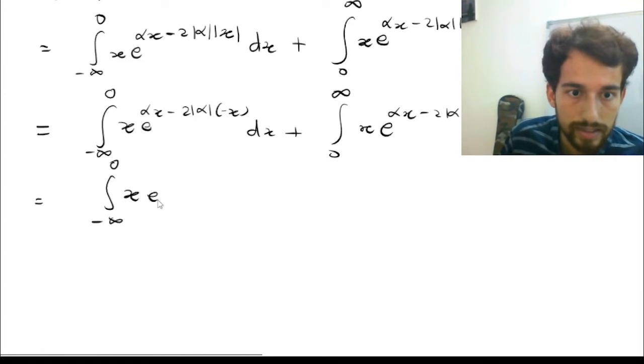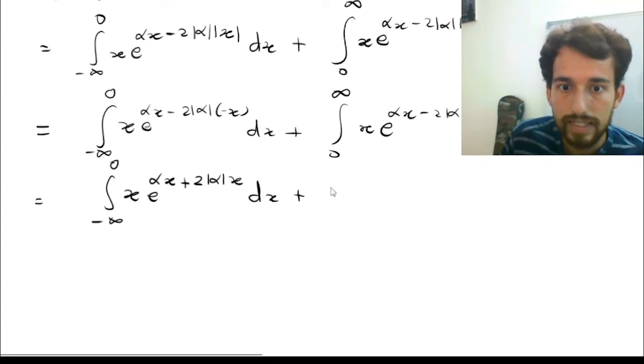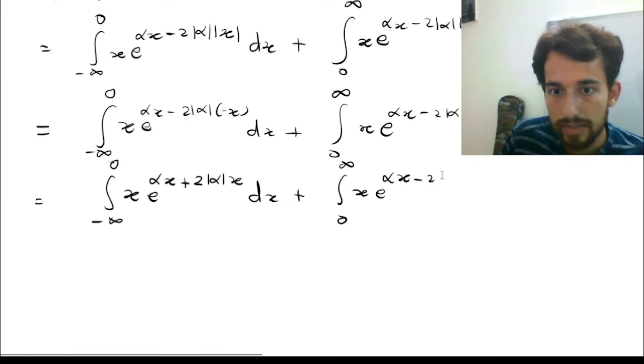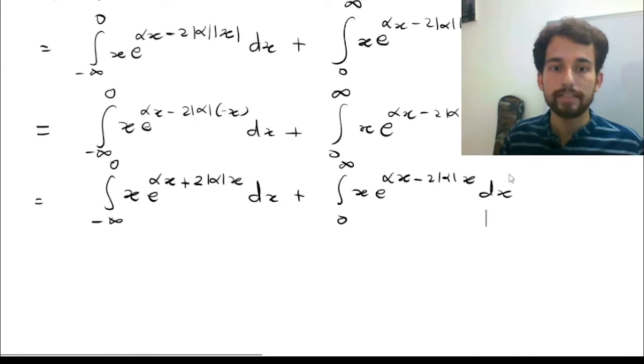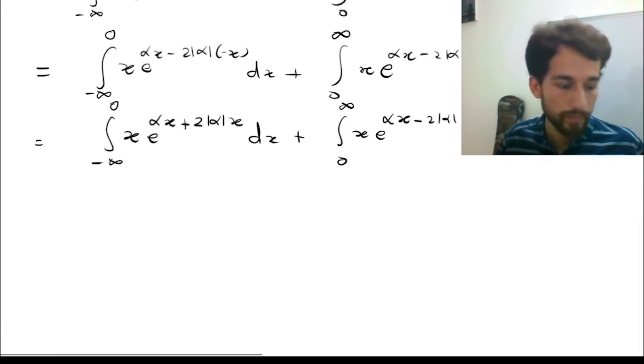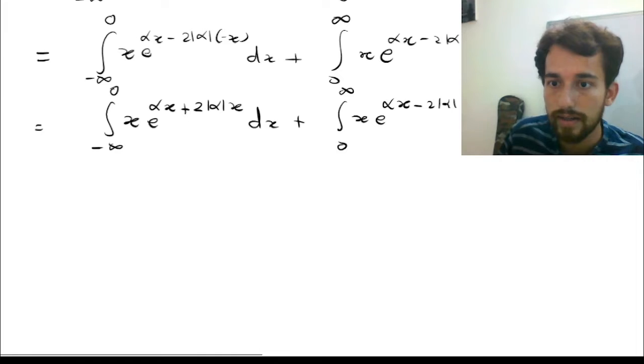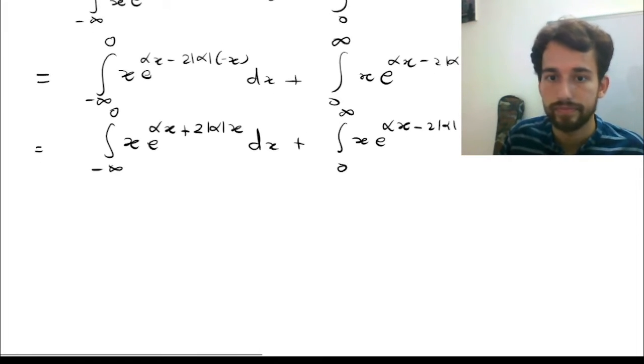It becomes x e to the power alpha x plus twice mod alpha x dx, and the second part becomes 0 to infinity x e to the power alpha x, this will remain the same. Fine. Okay, so till here, let me call this my first equation.